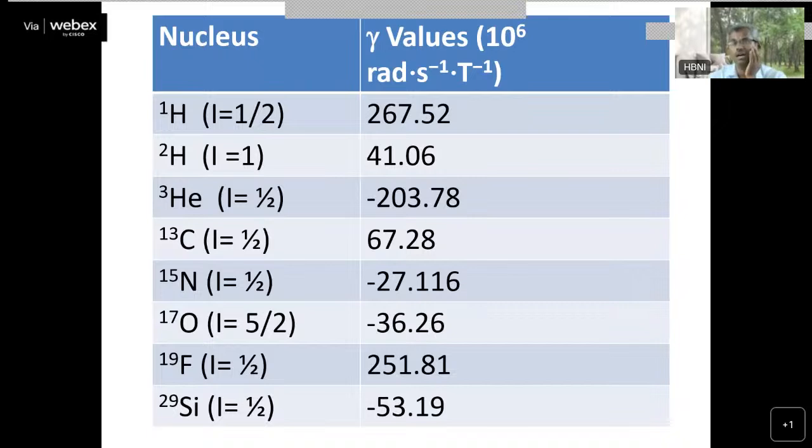I discussed gamma values, which is nothing but the gyromagnetic ratio, a very important parameter which decides the extent of dipole-dipole interaction. If dipole-dipole interaction is strong, you will have a very high value of gamma. That is why protons have very strong dipole-dipole interactions.